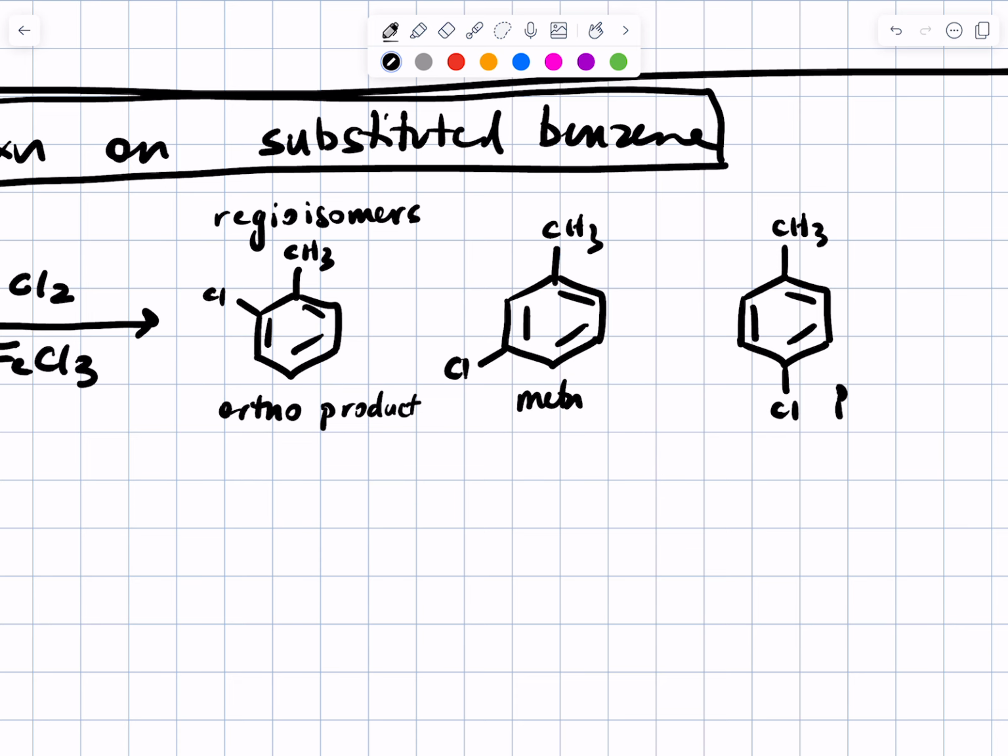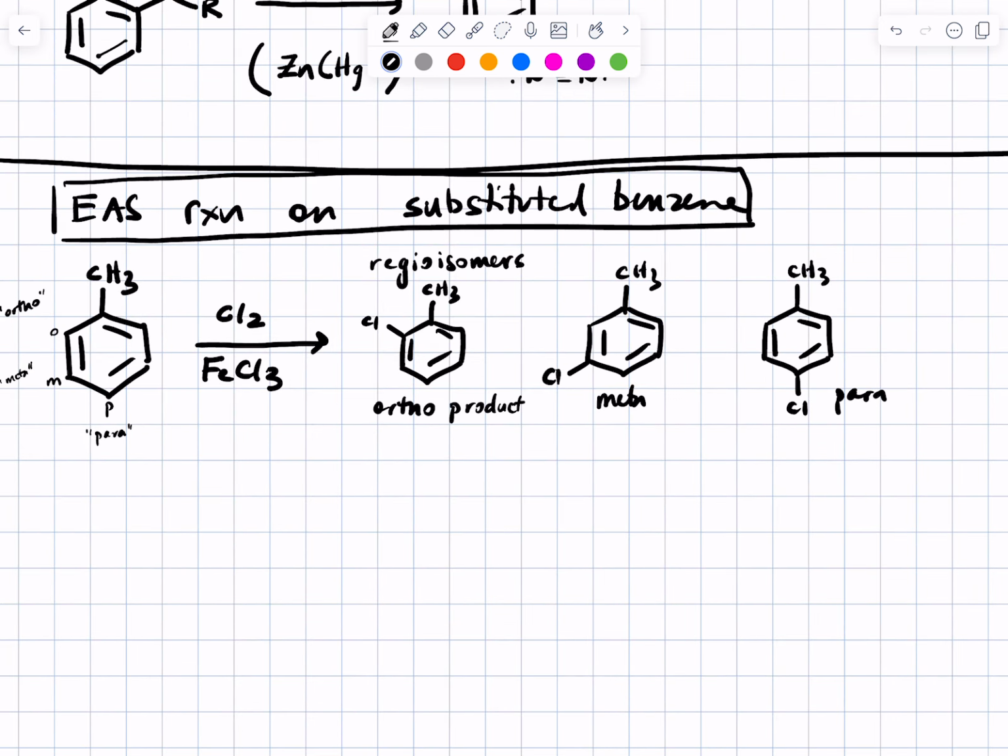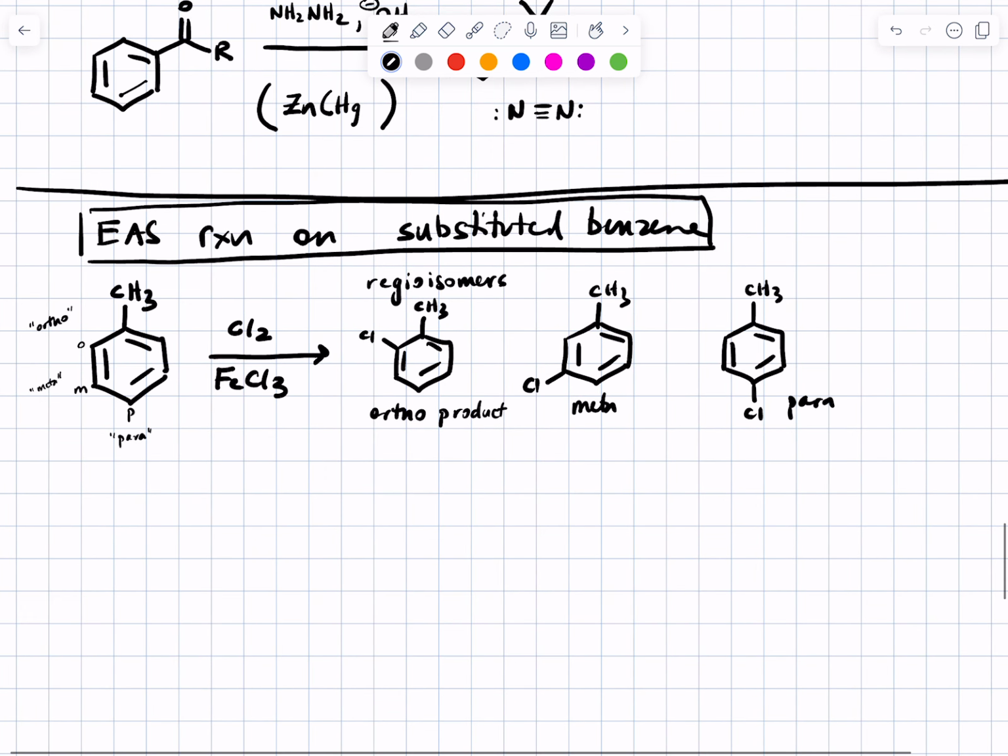And the answer is that we exclusively see for this reaction ortho and para regioisomers. We do not see the meta isomer. And by not observed, I mean less than a certain amount. Generally, we see pretty high selectivity for ortho and para products. Okay?